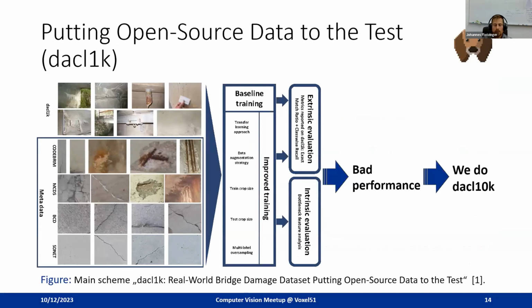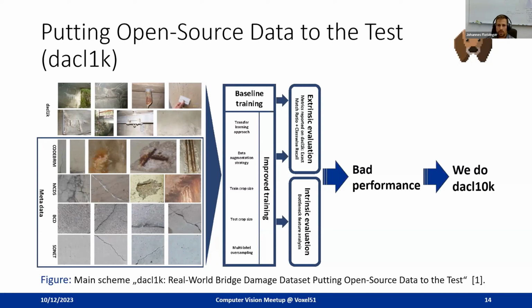And what did we do next? We made a small multi-label dataset for defects occurring on concrete structures called Dacl 1K, but sourced from real-world data, meaning that we gathered data from civil engineering offices and authorities. So the images we gathered are real inspection images. That's the kind of data that inspectors produce on site.